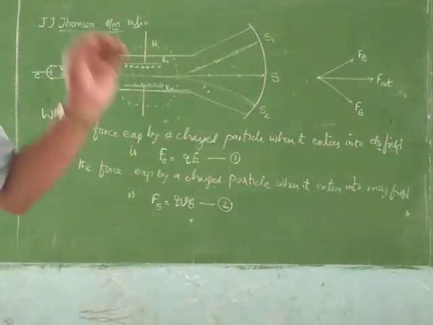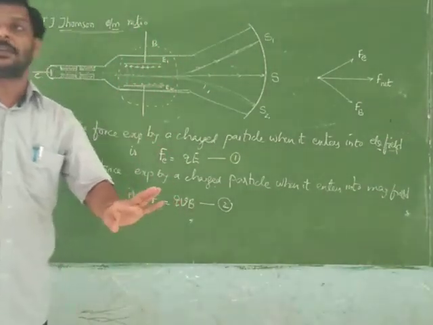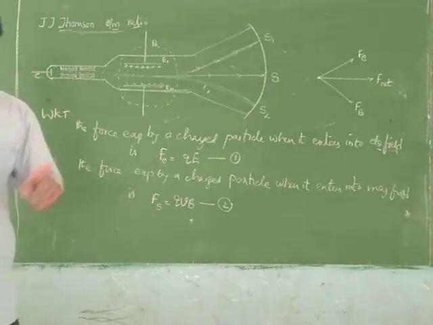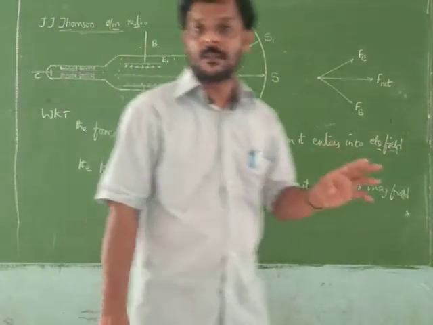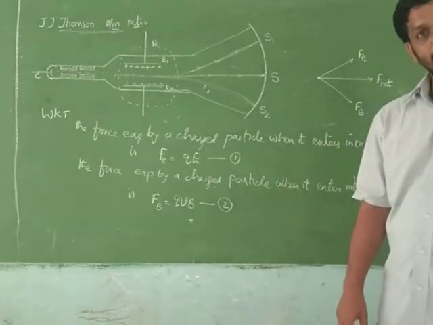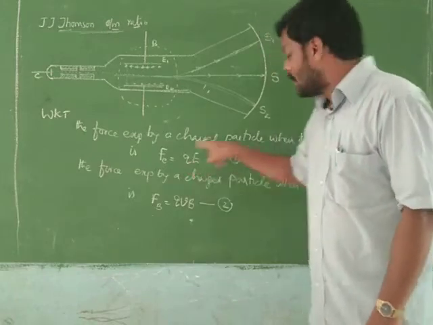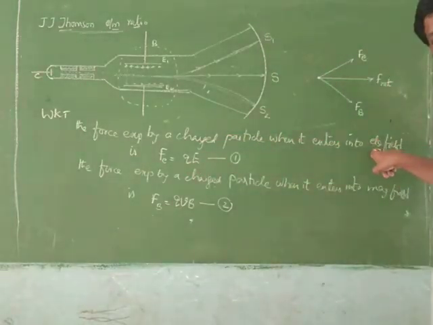In 10th class you have electricity, magnetism, and electromagnetic induction also, but unfortunately they are not giving any mathematical expressions there. Now we are learning the mathematics along with the physics. So this is the force experienced by a charged particle entering an electric field: F equals QE.